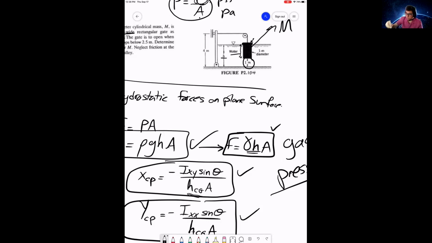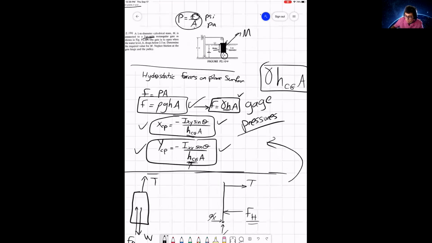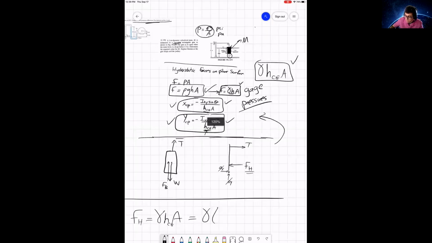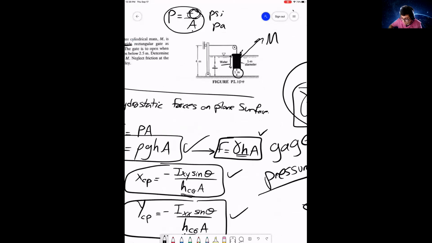Right, so if you want to follow the formula and calculate the force right here, gamma HCG A, what would be your HCG in this case, in terms of H? Because we don't know what H is. 4 minus H. Wait, is it 4? Let me zoom in.